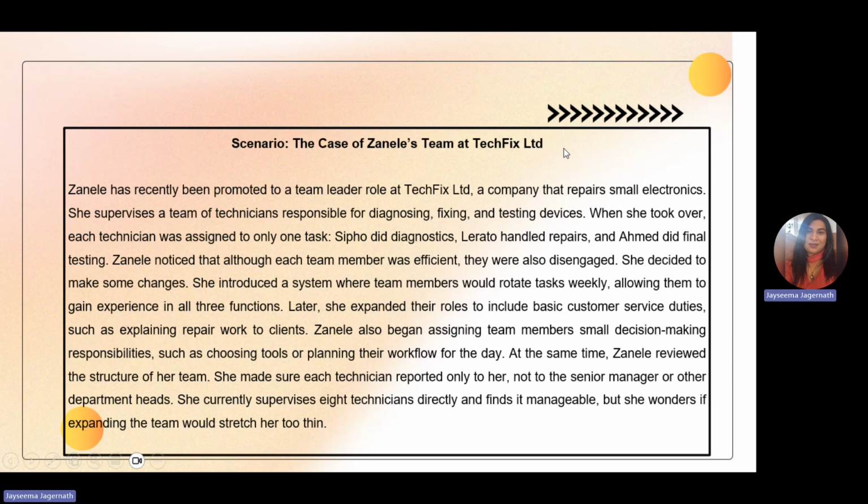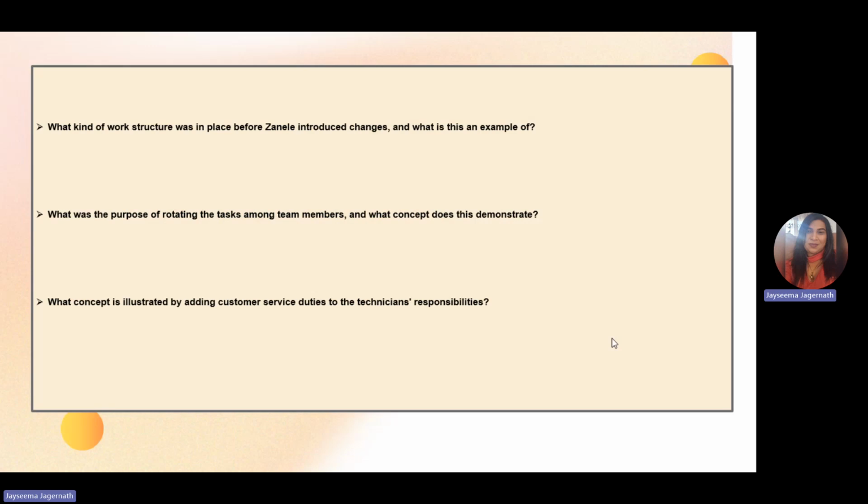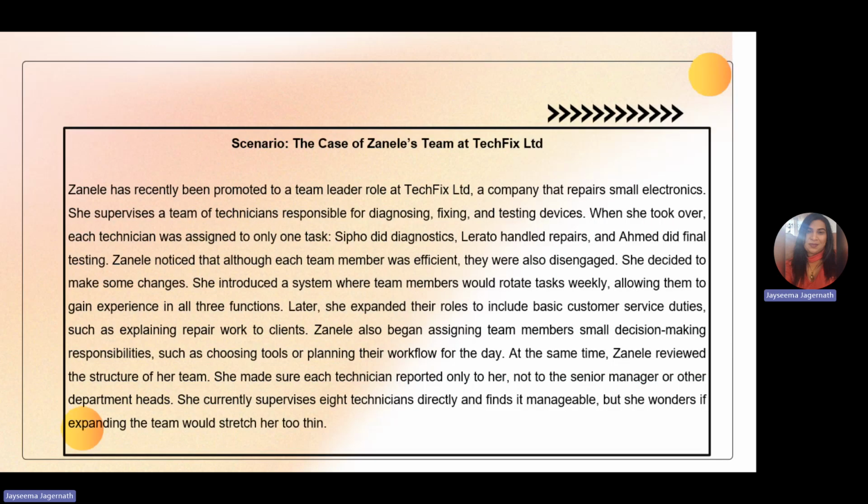She introduced a system where each team member would rotate tasks weekly, allowing them to gain experience in all three functional areas. Later she expanded their roles to include basic customer service, such as explaining repair work to clients.